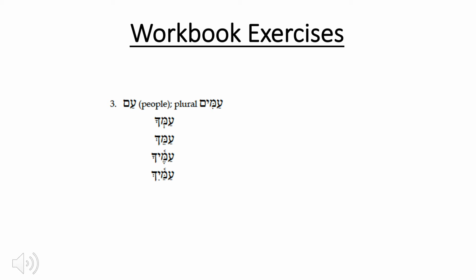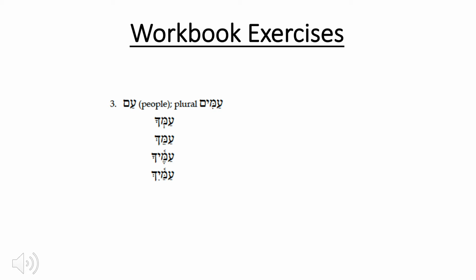The first example exercise that I want to look at is number 3 under section 1 of part 9 of your workbook. The word is people, which in the plural is amim. You notice the dagesh in the mem, which allows us to keep the patach underneath the ayin. The first question that we have here is amka, where we have a kaf and a kametz suffix at the end.